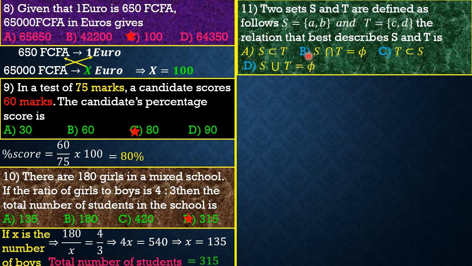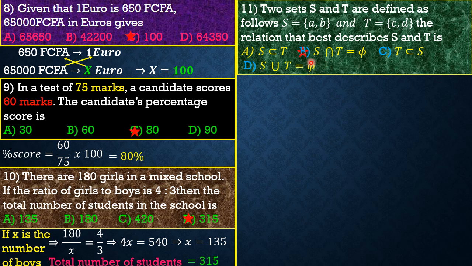So the best option here has to be option B. Option B is saying that S intersection T has to be equal to an empty set, which is perfectly true, because S and T do not share an intersection. Namely, we do not have elements that are found in S and found in T at the same time. So the intersection has to be an empty set.